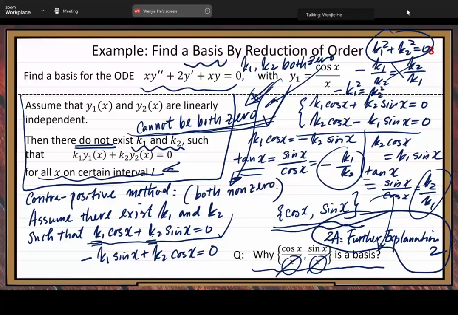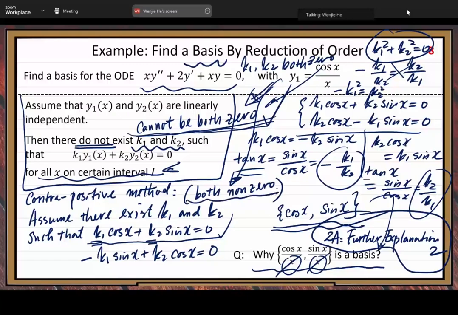Because if one is 0, one term is gone, and the remaining term equals 0, but the cosine is not 0 everywhere, only at some scattered x values. So if one of the k is 0, the other is also 0. So here we assume both non-zero.